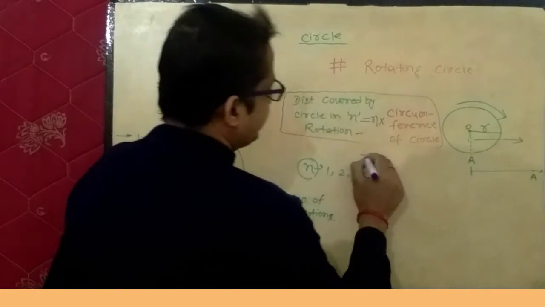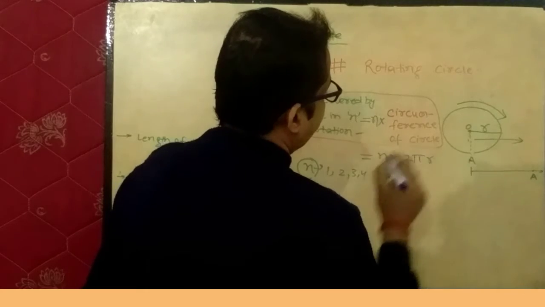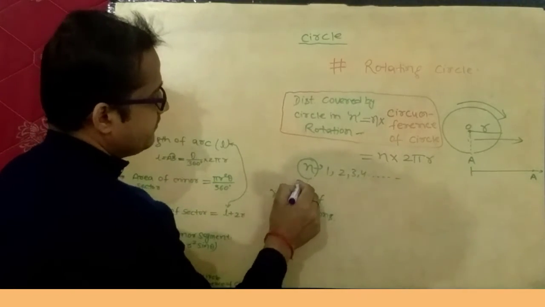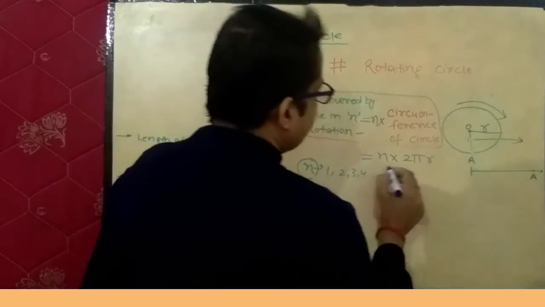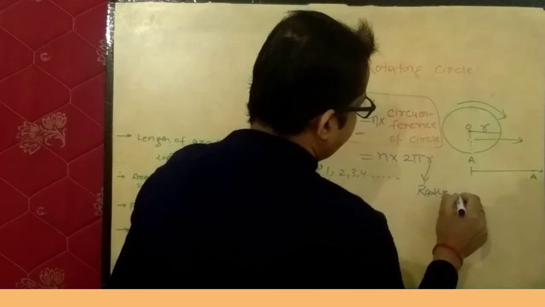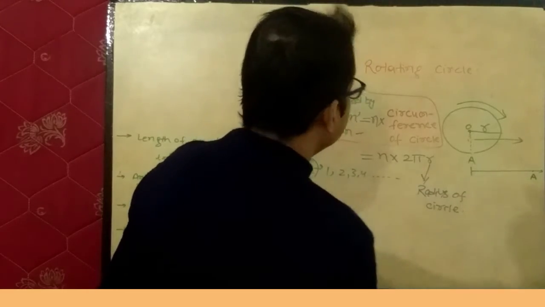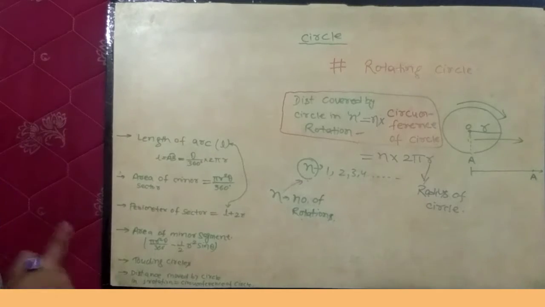So it will give you n into 2 pi r, where n is the number of rotations, maybe 1, 2, 3, 4, 5, and r is the radius of the circle. So this is the distance covered by a circle in n rotations.